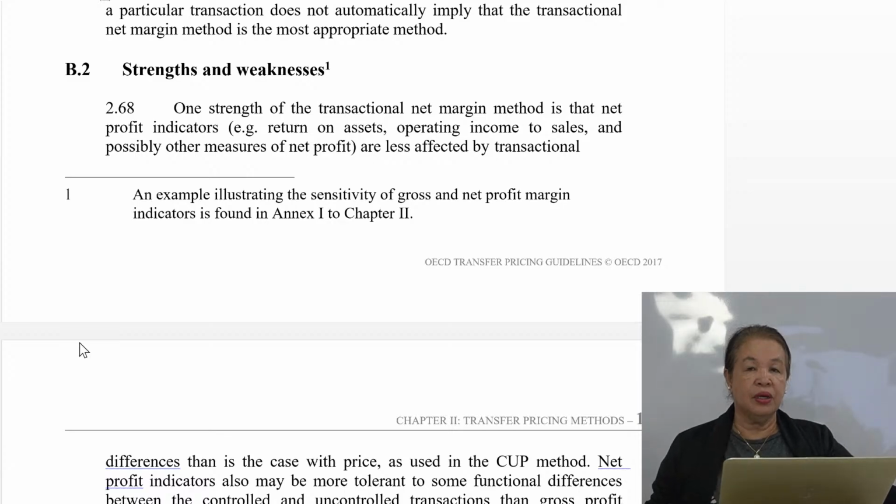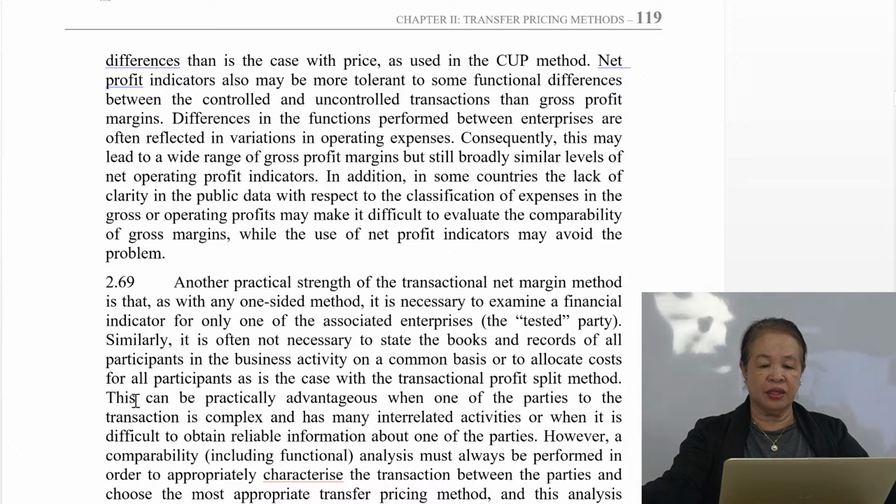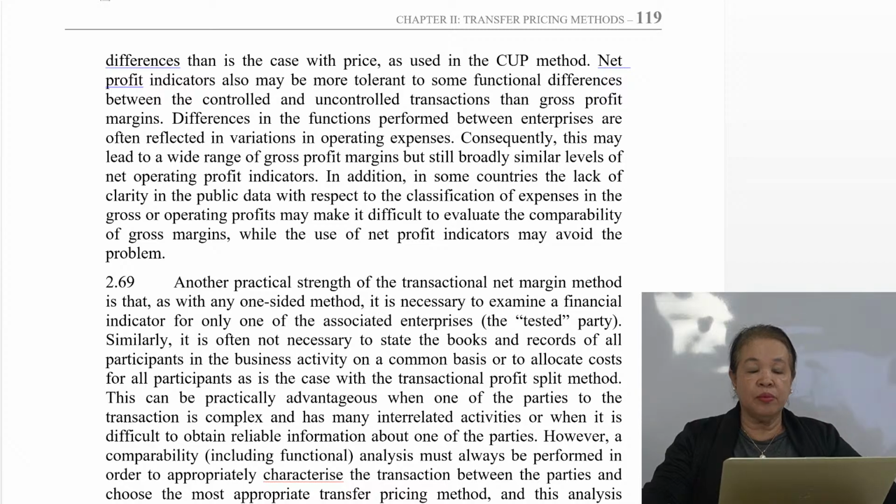So, net profit indicators also may be more tolerant to some functional differences between the controlled and uncontrolled transactions than gross profit margins. So, differences in the functions performed between enterprises are often reflected in variations in operating expenses. So, consequently, this may lead to a wide range of gross profit margins but still broadly similar levels of net operating profit indicators.